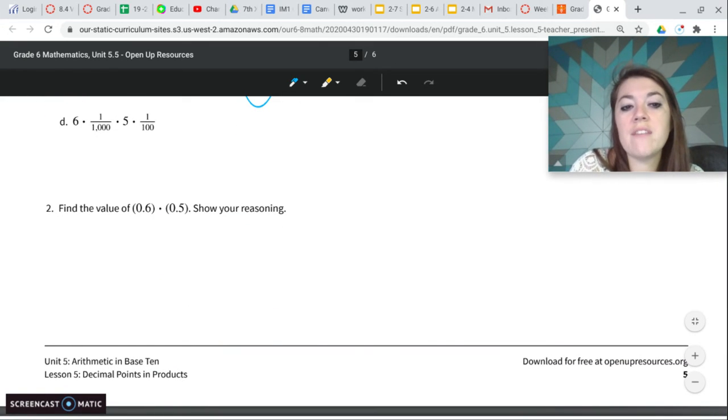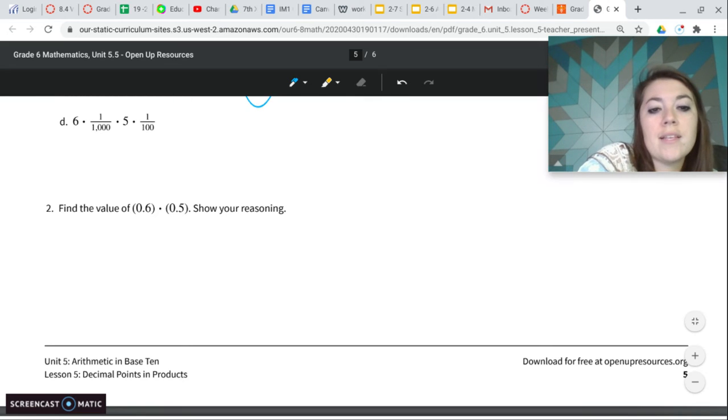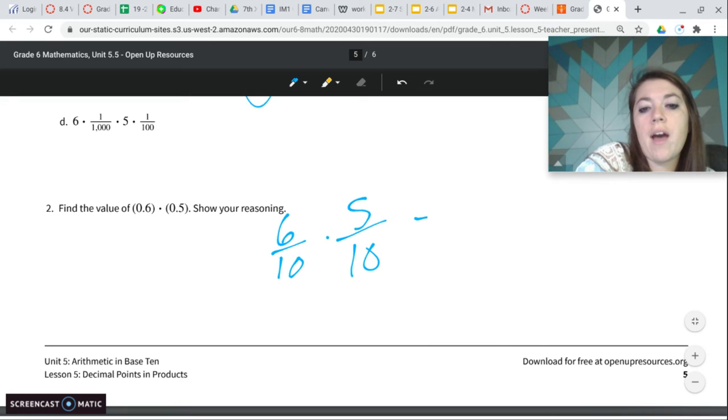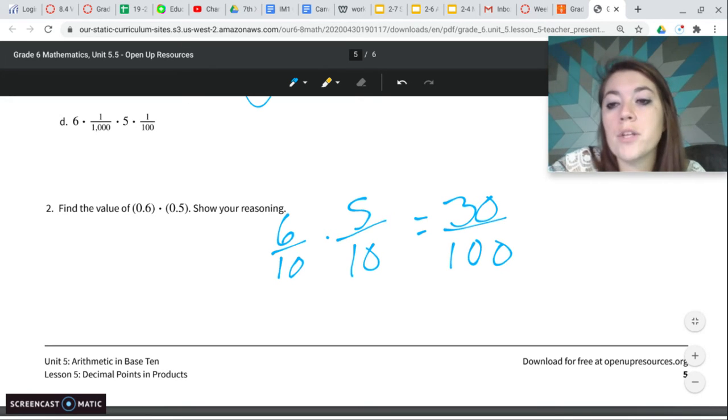So what we want to do is find the value of 6/10 times 5/10. If we write this as a fraction, 6/10 times 5/10, 6 times 5 is 30 over 10 times 10, which is 100. Remember, we multiply across the top and across the bottom.